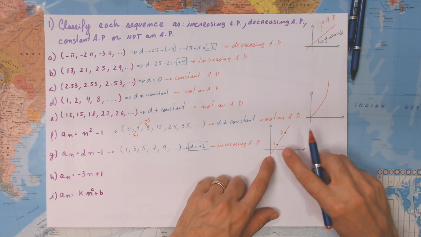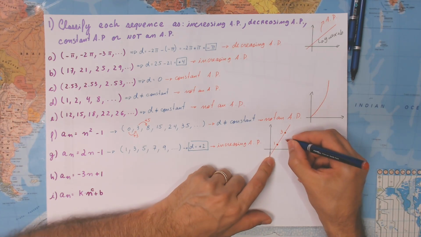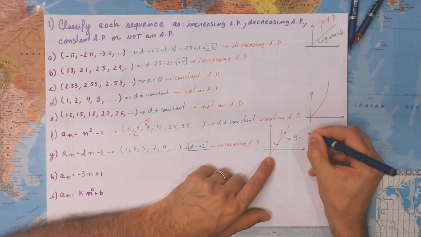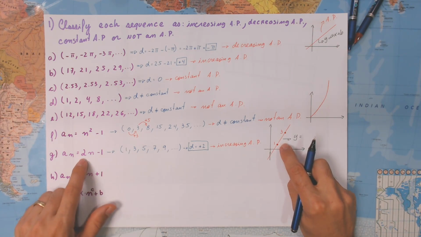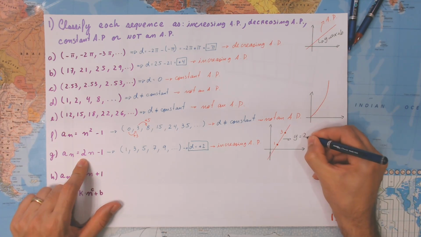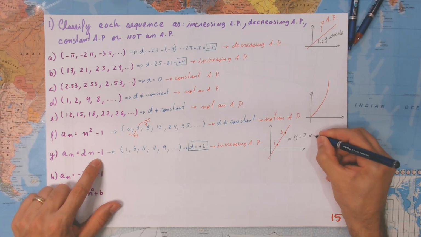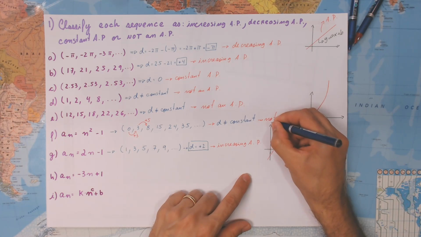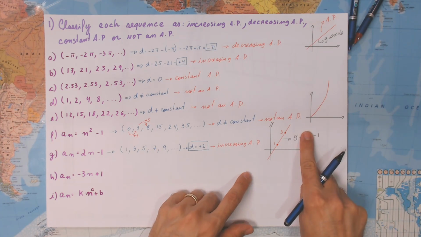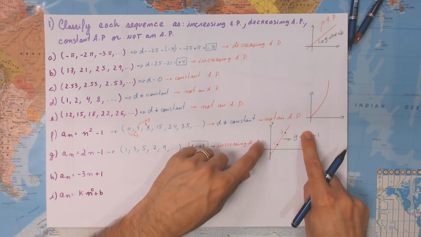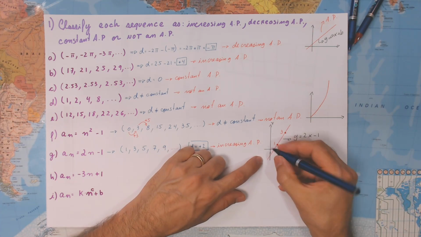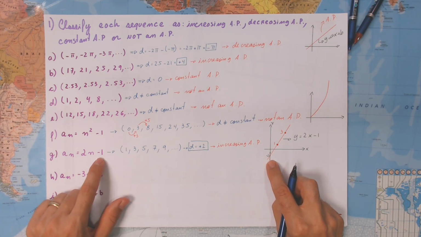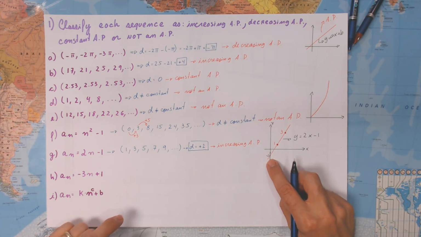But this is a straight line. The equation of this is y equals, the tangent I know is going to be 2, 2x minus 1. When x is 0, y is -1. That's why I knew that it would cross in here.